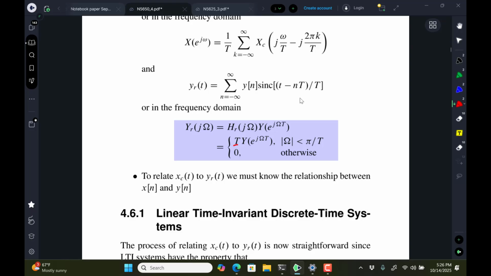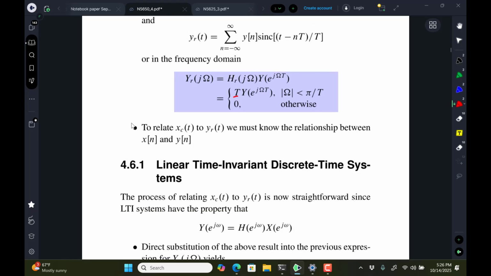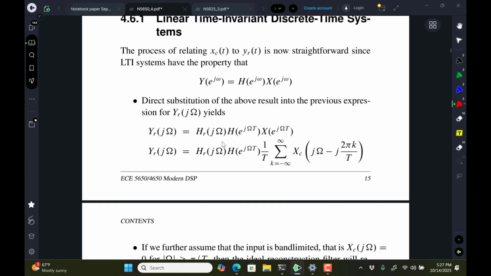To go further now, we have to make some assumptions. So now we take the leap forward to say if we want to relate the input to the output in the continuous time domain, we have to know how x of n and y of n are related. So we know for LTI systems, the spectrum Y is frequency response of h times X of e to the j omega, and we can plug that in now as H of e to the j cap omega times T, because remember that is just little omega.